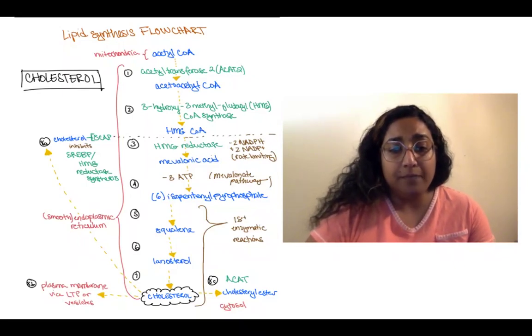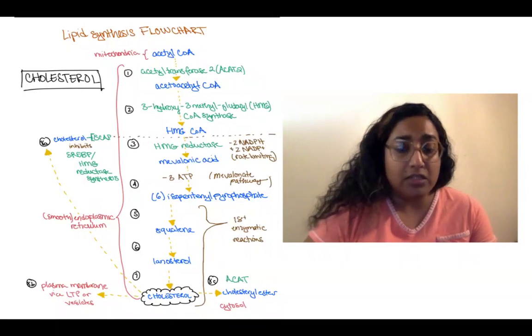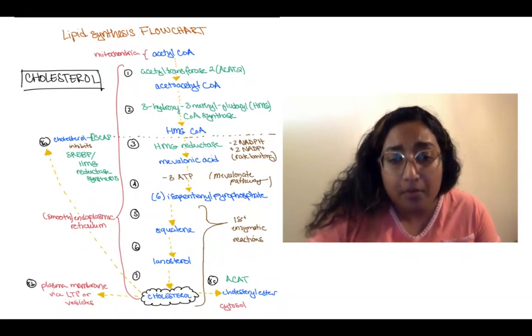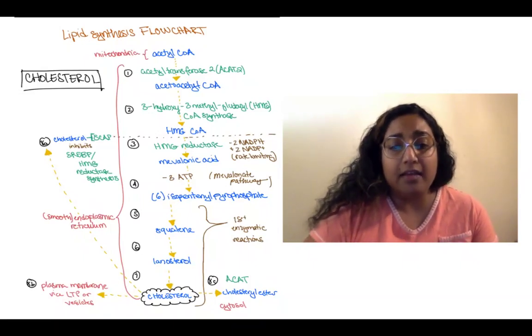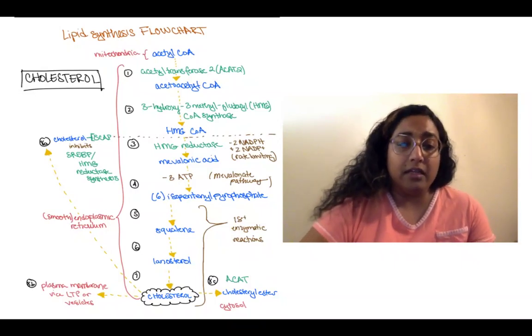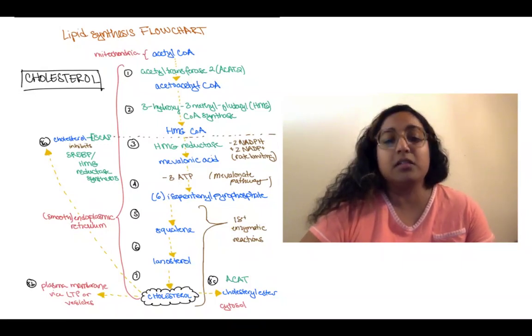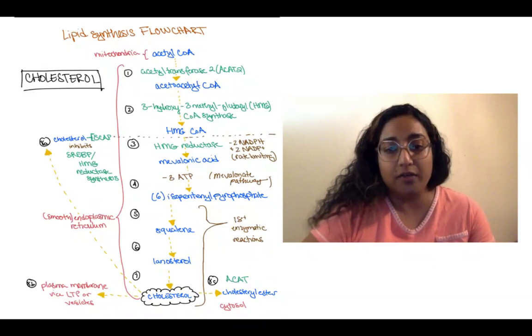So we see energy being used to convert mevalonic acid to isopentenyl pyrophosphate, and then that's converted to squalene and then lanosterol, which is finally, after 18 or more enzymes in a pathway, converted to cholesterol.